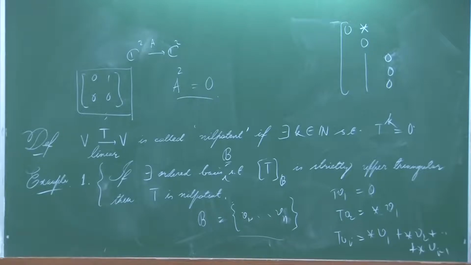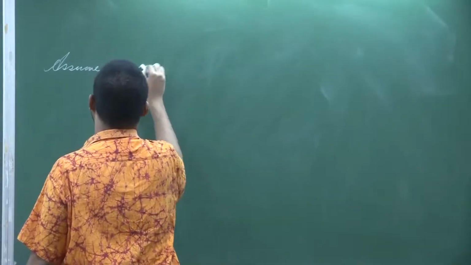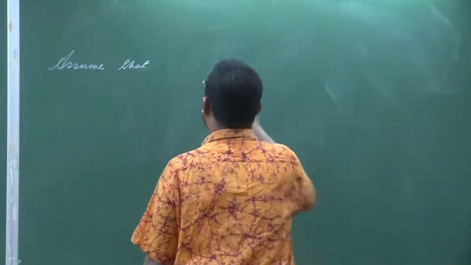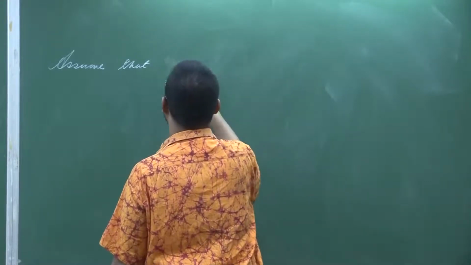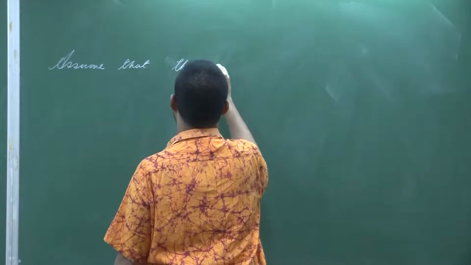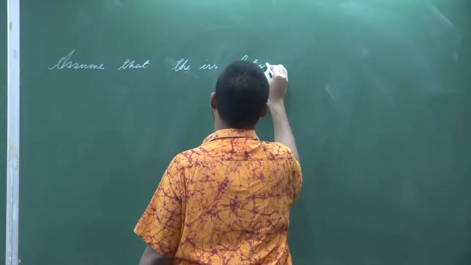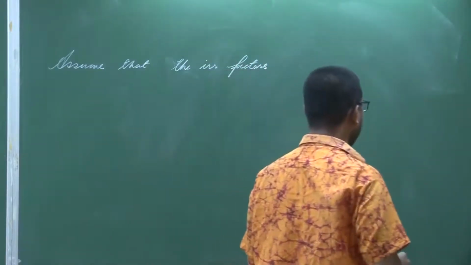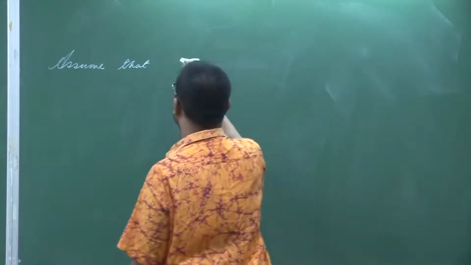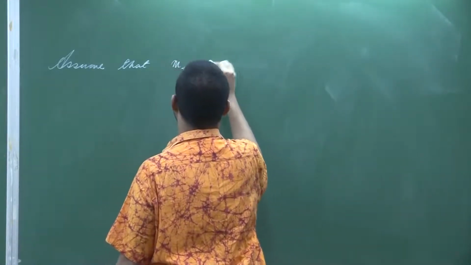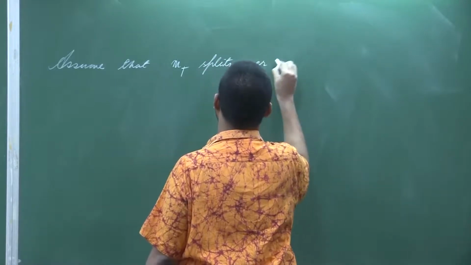So, let us assume that the minimal polynomial MT splits over F.